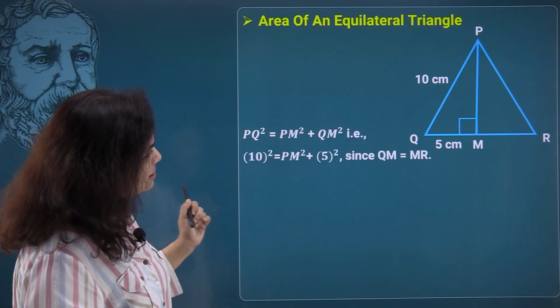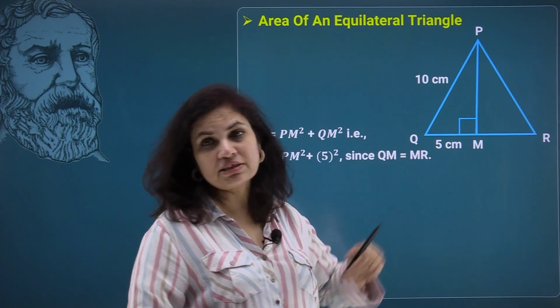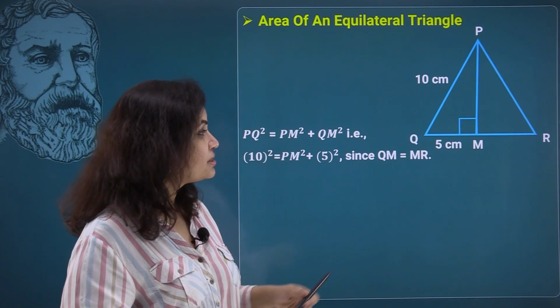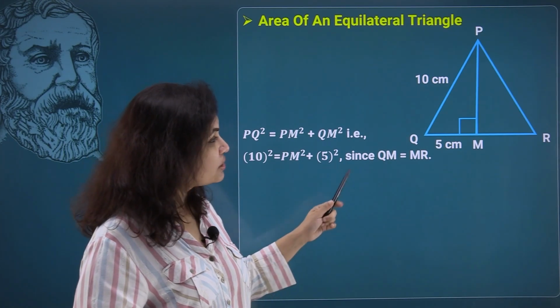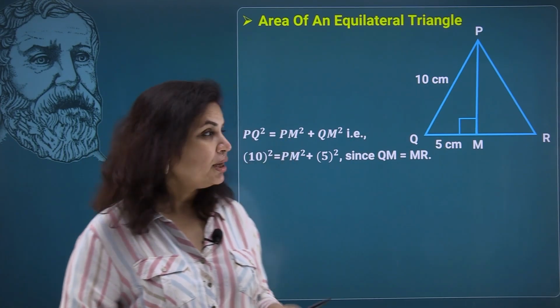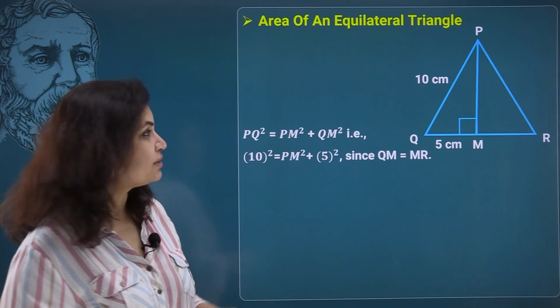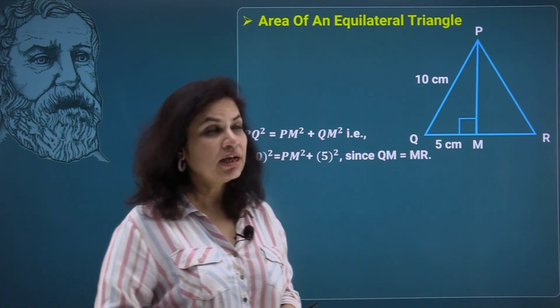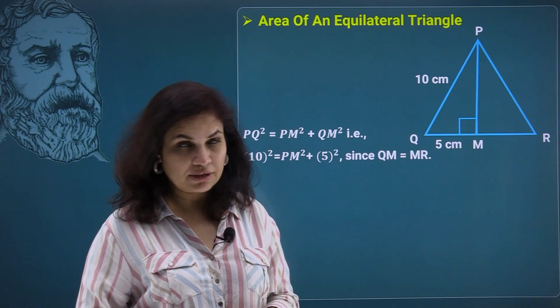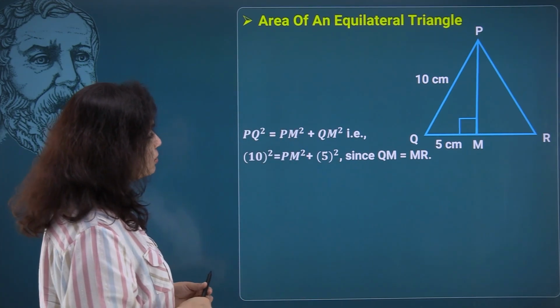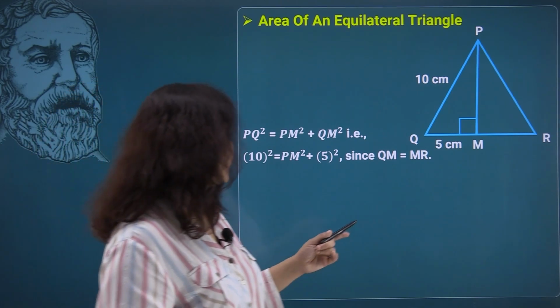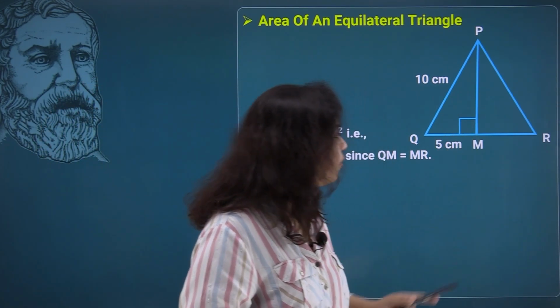Now, if PM is the height of the triangle, it divides the triangle into two right triangles, because the perpendicular of an equilateral triangle bisects the base into two equal halves, and we have two congruent right triangles. So, using the Pythagoras theorem, we can find out the length of PM.